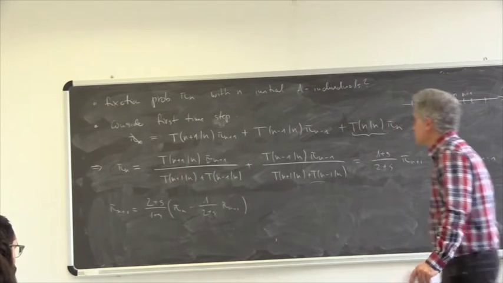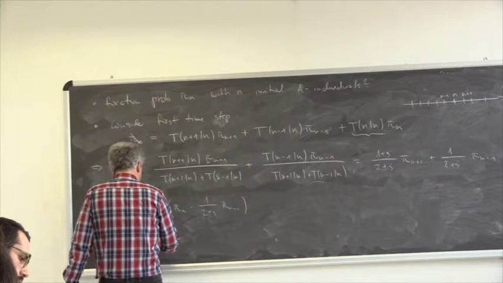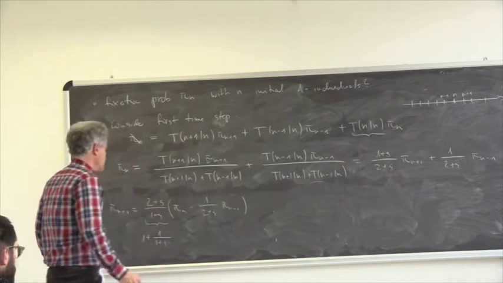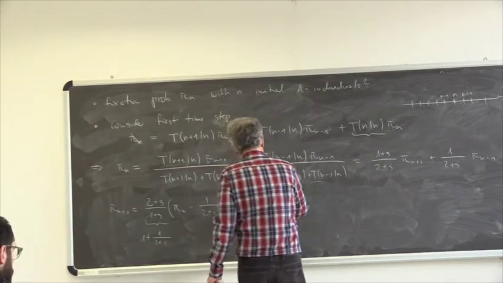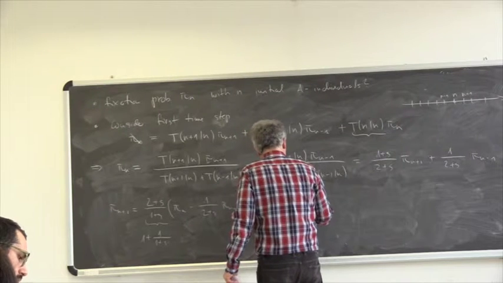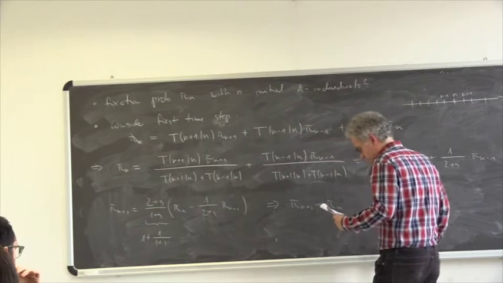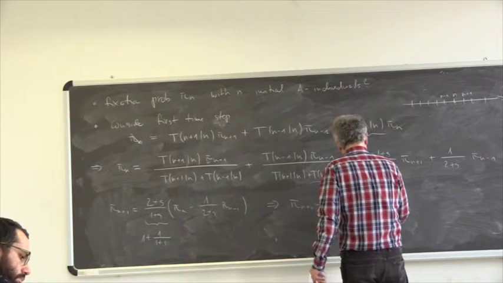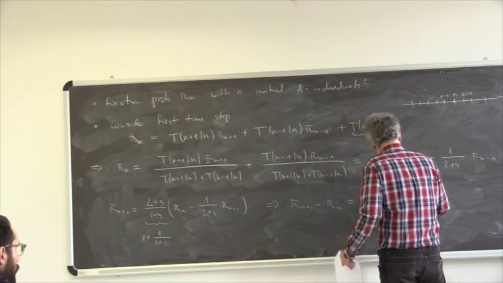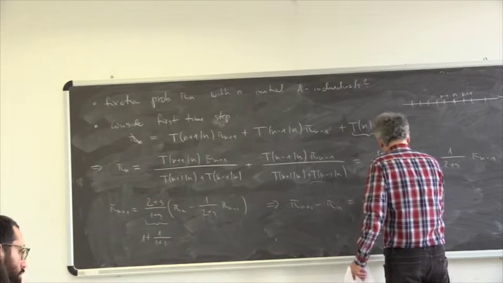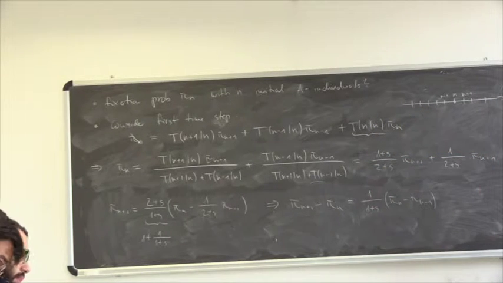And now you can sort of recognize that 2 plus s over 1 plus s is actually 1 plus 1 over 1 plus s. And you can subtract pi n from both sides, and then you get this very simple relation: pi n plus 1 minus pi n is equal to 1 over 1 plus s times pi n minus pi n minus 1. Okay.